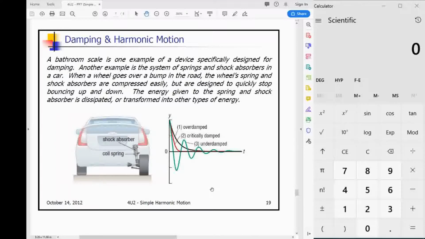So what we see here is a slow settling towards our equilibrium position. So there is no overshoot in an overdamped system, but it takes a long time, or it takes a longer time to reach our settling time than it might in other systems. Now, an overdamped system will often feel like it takes a long time to resolve.